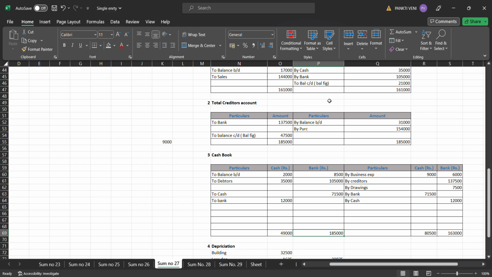I'll total up both the sides. This side is bigger, so I'll have to tally this. So 1,85,000 minus 1,63,000, this difference, this is the amount recoverable from cashier. Usually in such types of questions, the cash book is totaled this way. So this is your balancing figure. Here 8,500 is more and here 49,000.